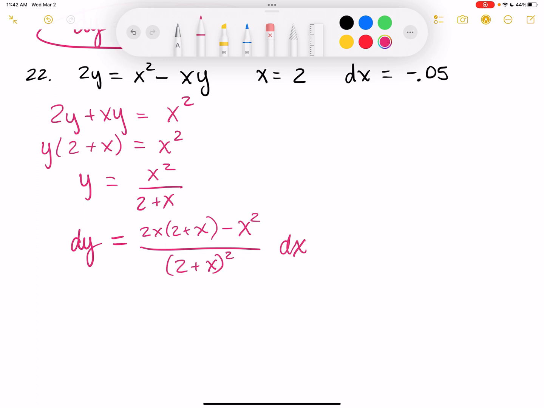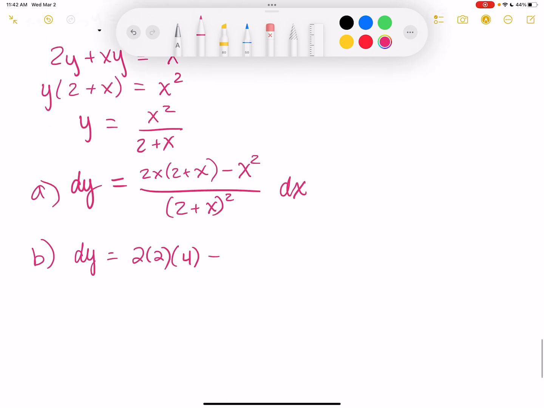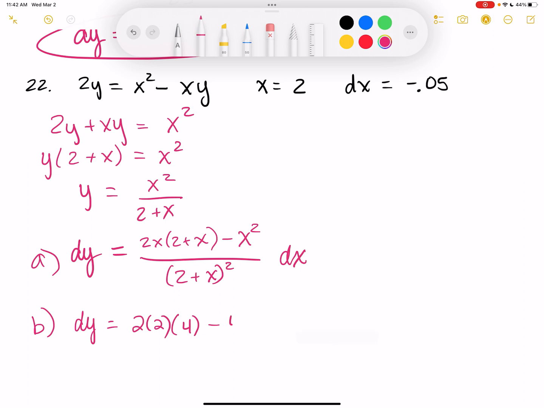All right, so now I can plug in the values. Yes, you can simplify if you so desire, but I'm okay with you leaving it there. So then part B, dy is equal to 2 times 2 plus 2, which is 4, minus 2 squared, which is 4, all over 4 squared, times my negative 0.05.